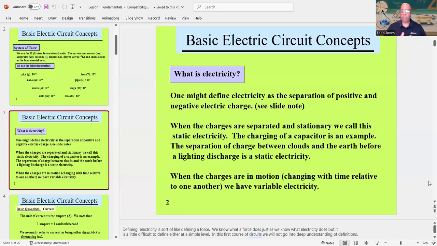And when the charges are in motion, changing with time relative to one another, we have what we call variable electricity.